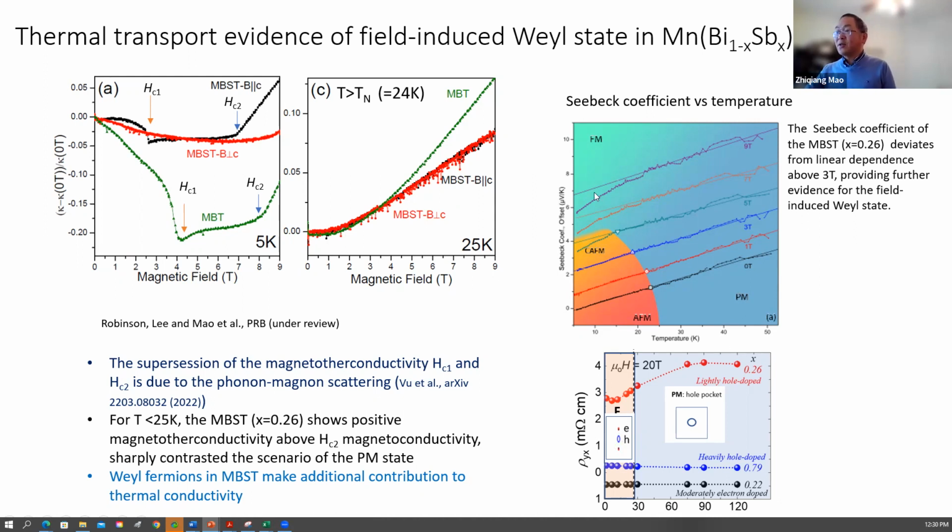So this suppression of the Seebeck coefficient is due to the presence of the electron pockets, because an electron pocket should give rise to a negative Seebeck coefficient. But the contribution is small because the Fermi surface of the electron pocket is small. That explains this deviation.